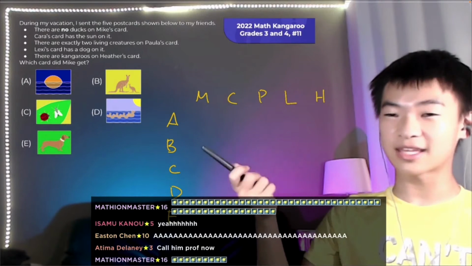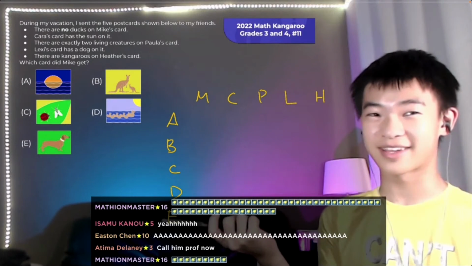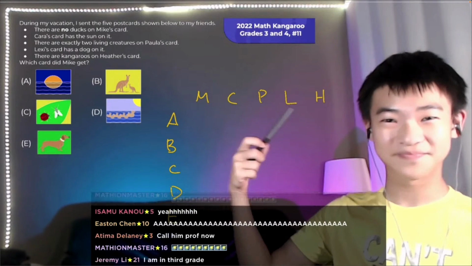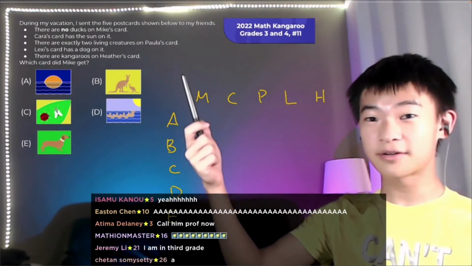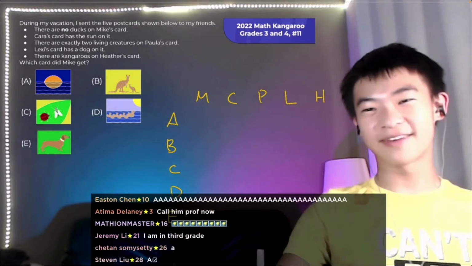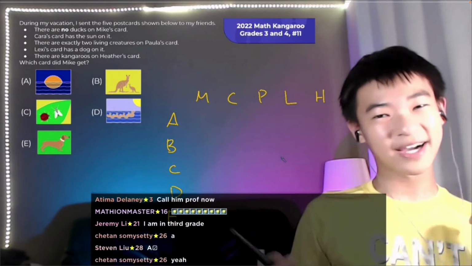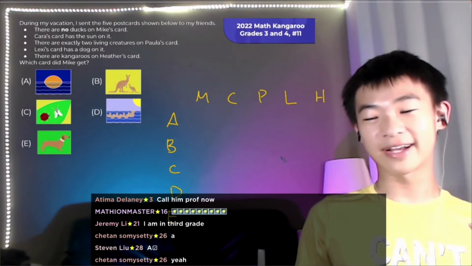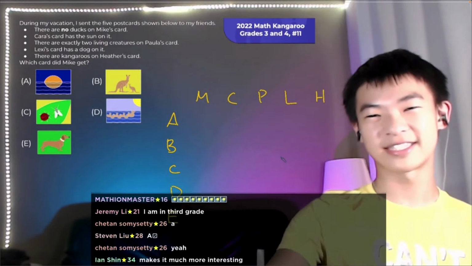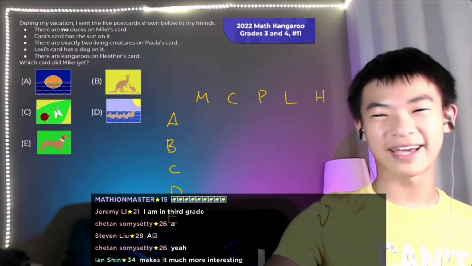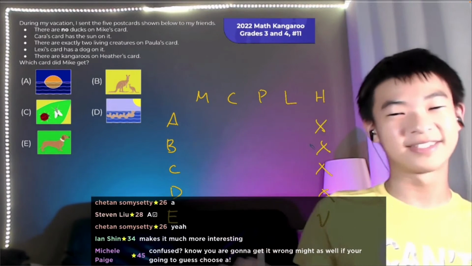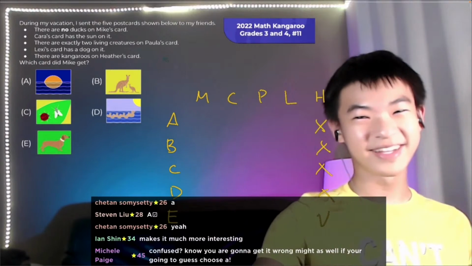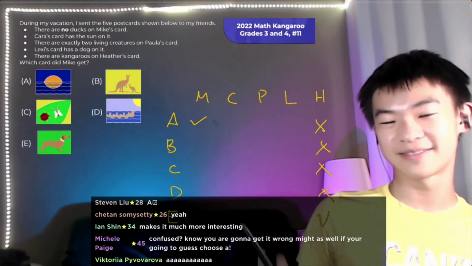Checks are if they get that postcard, and X's are if they don't. For example, there are kangaroos on Heather's card, so that's an automatic check. The logic behind this is that you either have 4 X's to get a check or just a check to get a check. So you would start checking and Xing. And then from the grid, you'll notice very interesting patterns. And ultimately, we'll get a check right here if we keep doing this.